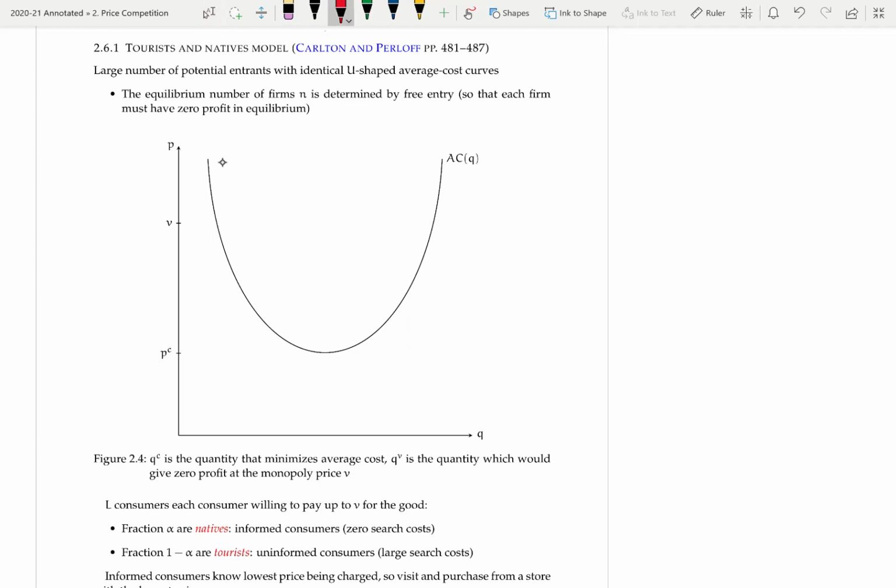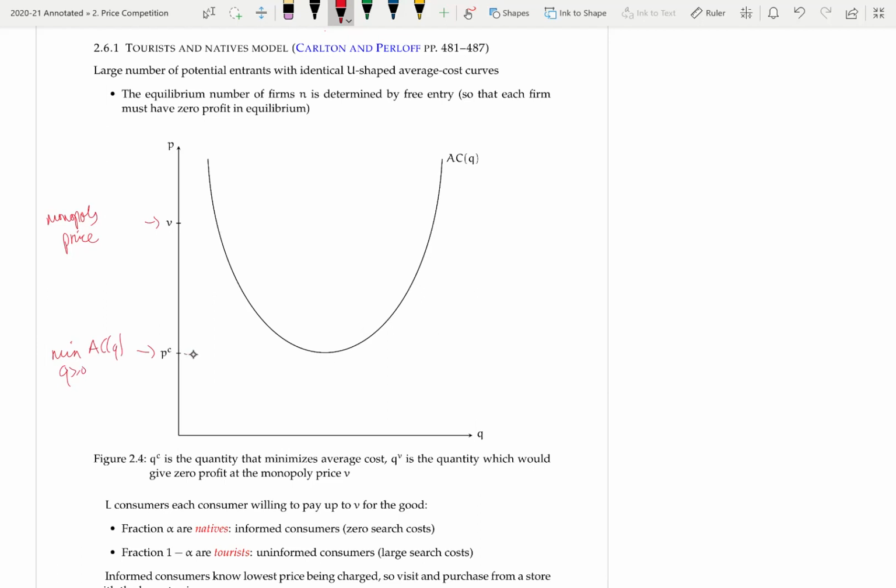So in the diagram here, we have our quantity Q, we have our average cost curve, which is U-shaped. And here I've marked off two values. So V is the monopoly price. It's the most anyone is willing to pay for the good. And PC is the minimum of average cost. I'm going to mark off two quantities which will be important.